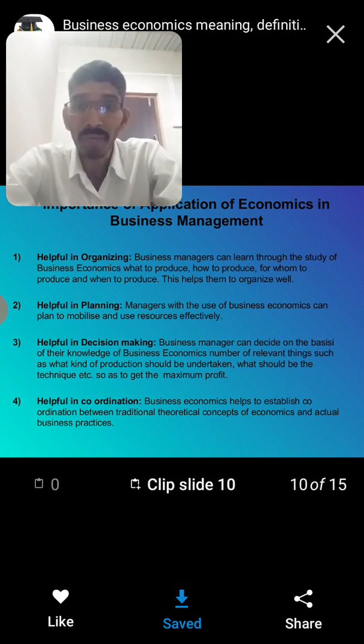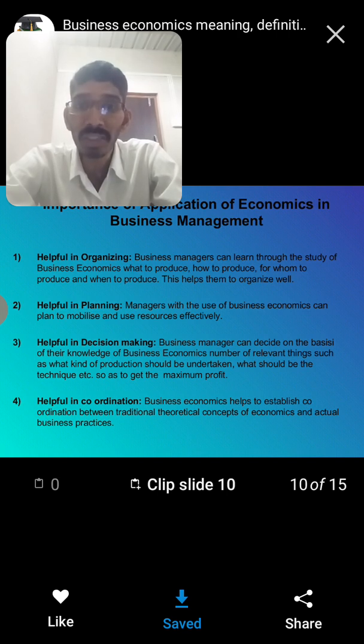It is also helpful for coordination. The success of any firm depends not only on factors of production, cost management or profit management. So how can we have coordination between all the departments or sections of the firm?